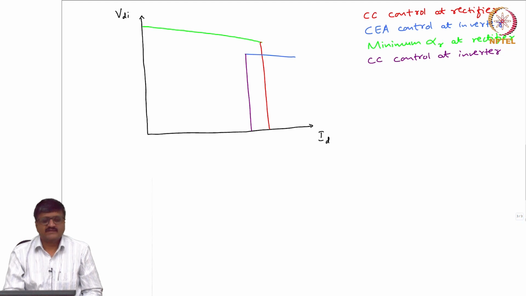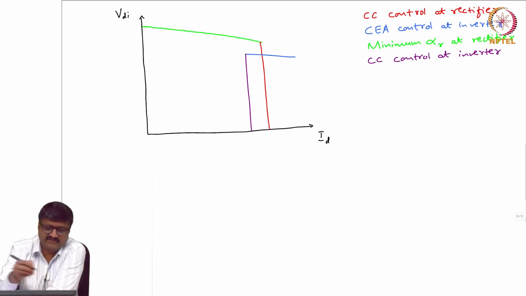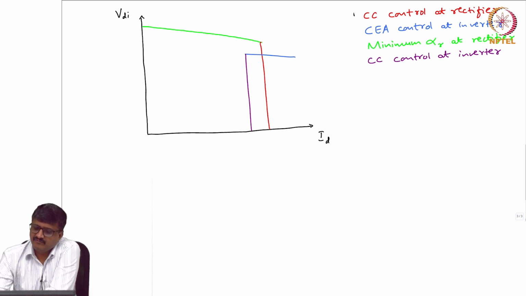Now, what happens? We see that there are 4 line segments. So, 1, 2, 3, 4.